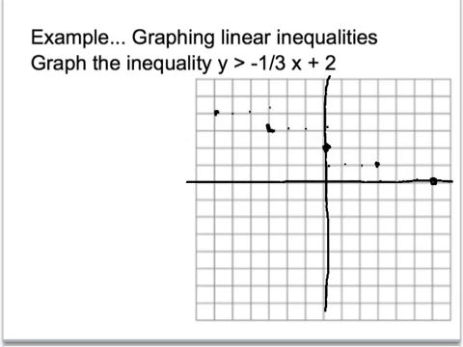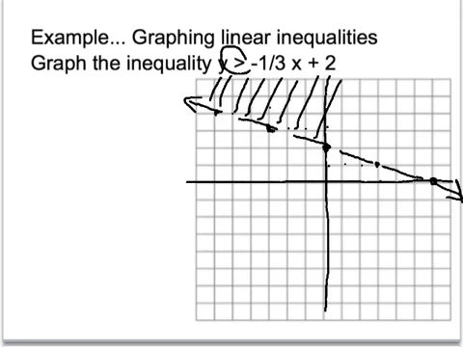This is just greater than, so I do a dashed line. Again, you guys need to use graph paper and straight edges. And greater than, so I'm going to shade above my boundary line. And that is your answer.